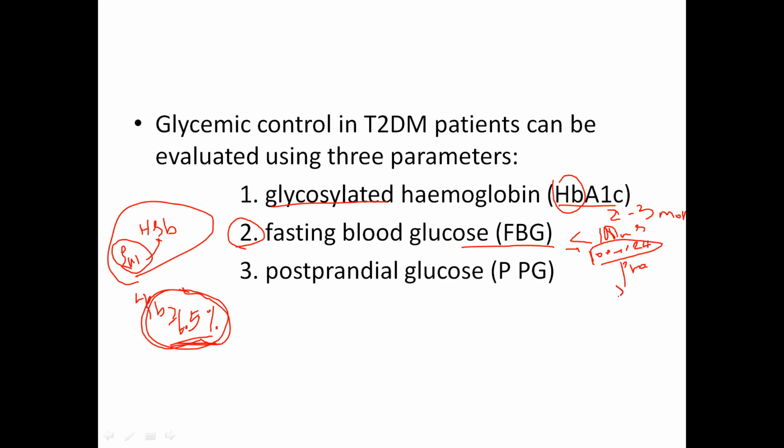But if it is greater than or equal to 125 milligram per deciliter, this is diagnostic of diabetes mellitus.